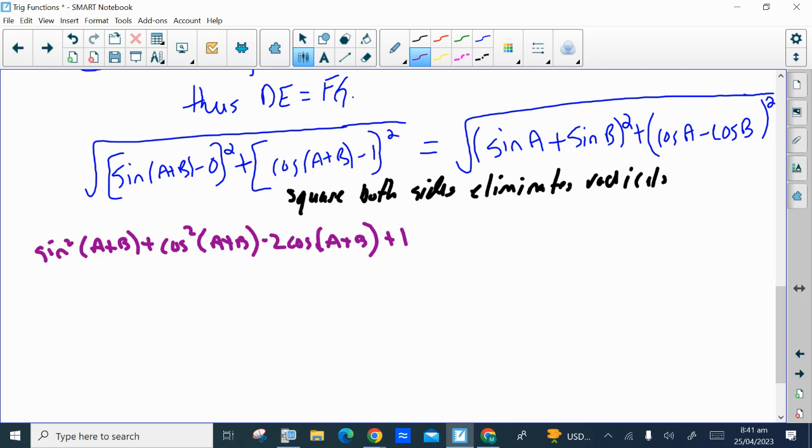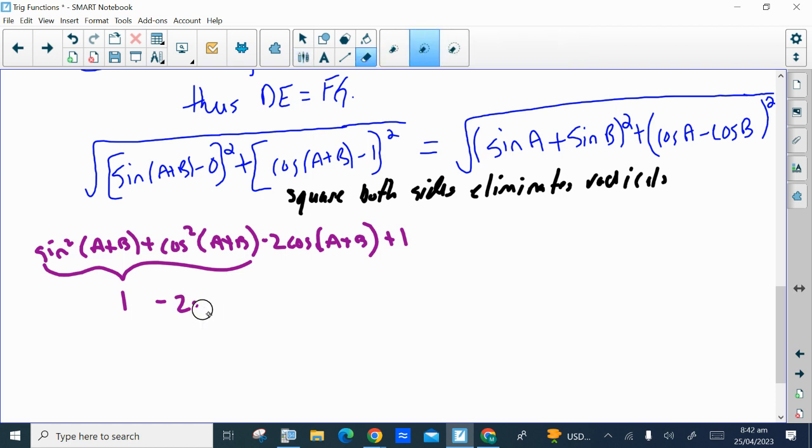Now, our Pythagorean identity says that sine squared theta plus cos squared theta equals 1. Remember that one? Sine squared theta plus cos squared theta equals 1, which we can use to simplify these first two terms. This is sine squared theta plus cos squared theta. It doesn't matter what theta is as long as they're the same expression, and they are. So this part here will be 1 minus 2 cos a plus b plus 1.